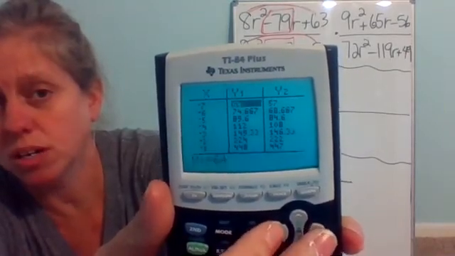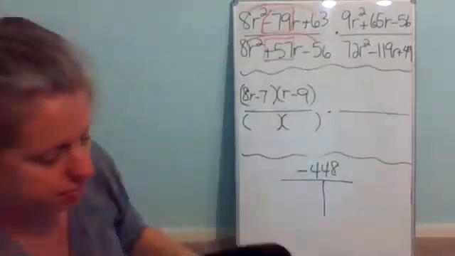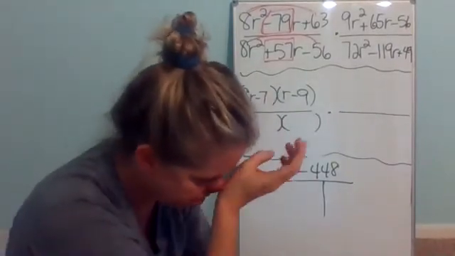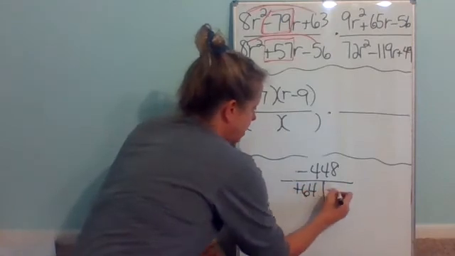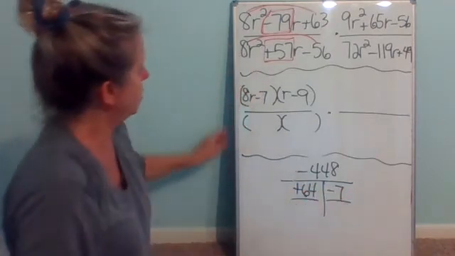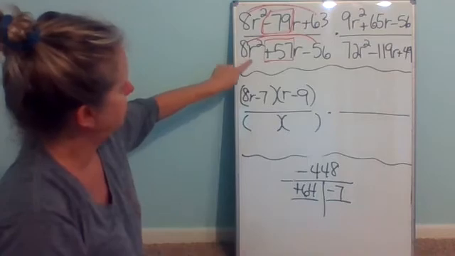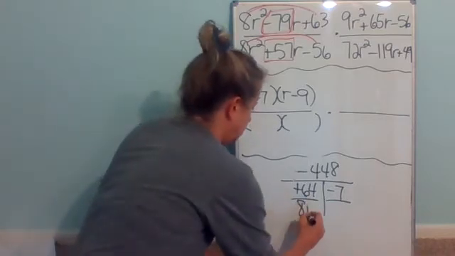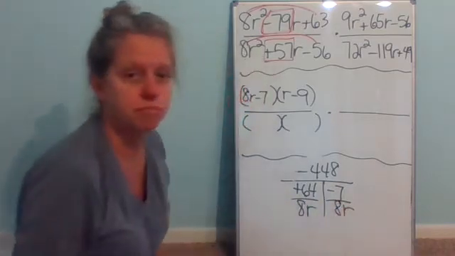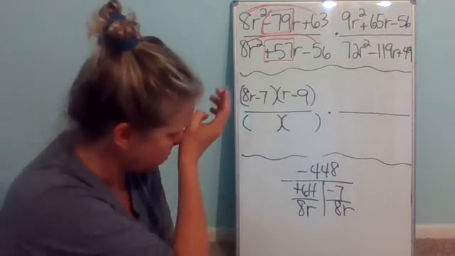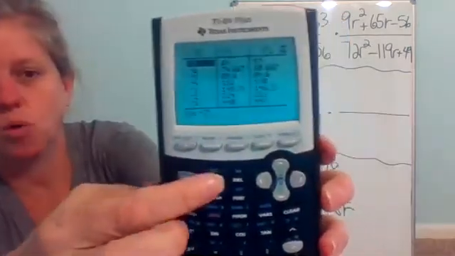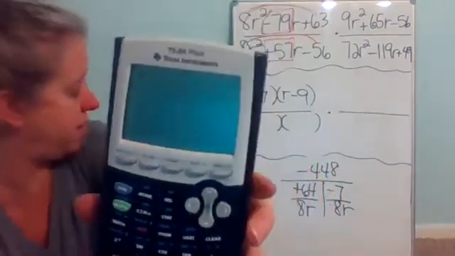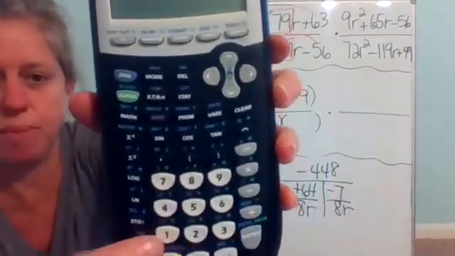Positive 64, -7. So positive 64, -7. What's the denominator going to be? 8R. Math, enter your fractions. So let's see. Second, quit to go back to your home screen. My first fraction is 64 divided by 8.